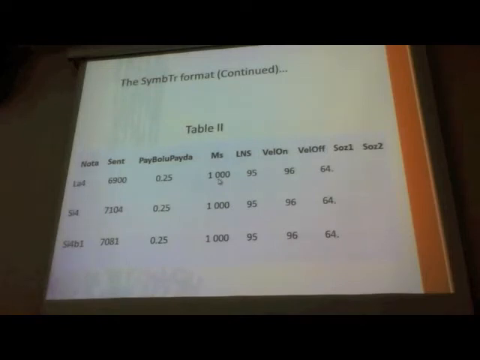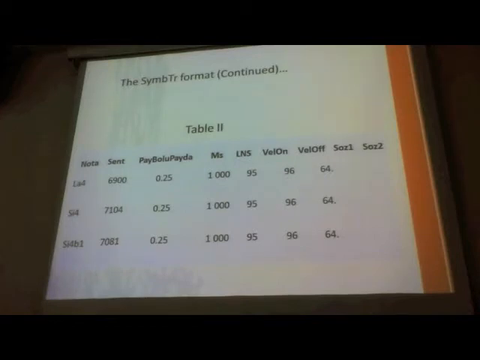Duration is in milliseconds. This field is similar to the MIDI note matrix. Let's read it from here. It defines whether the note is to be played as legato, normal, or staccato. The value is a percentage.